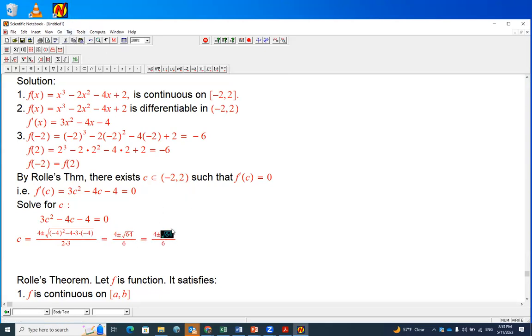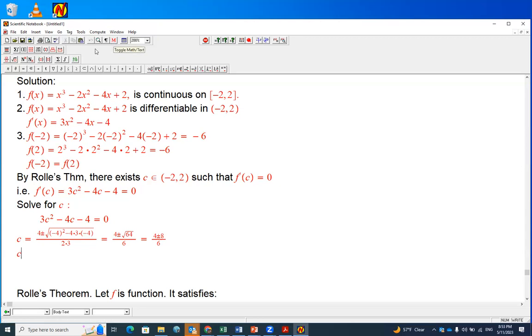So I have 2 c's here. c sub 1 equals 4 minus 8 over 6, so that's negative 4 over 6, which is negative 2/3. c sub 2 is going to be 4 plus 8 over 6, that's going to be 2. So we got 2 c's.